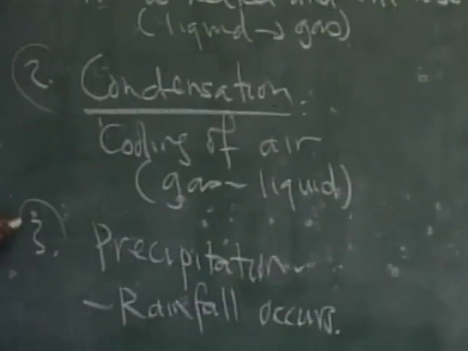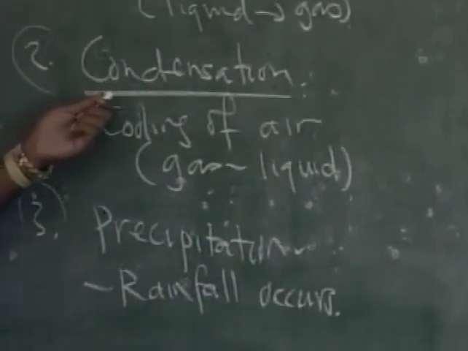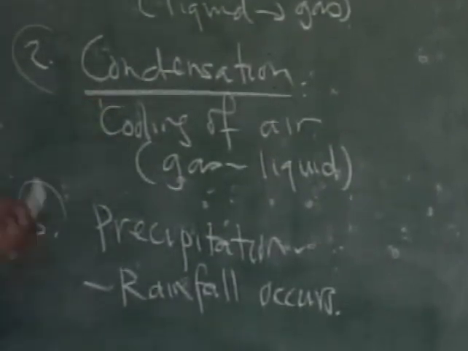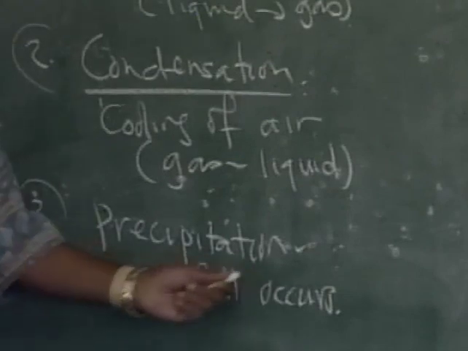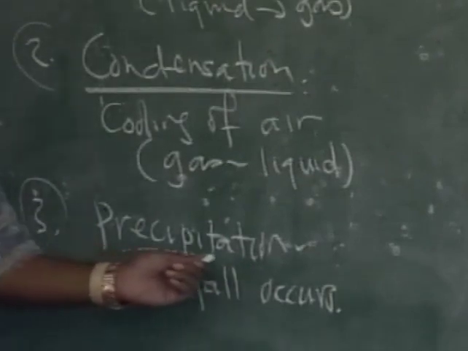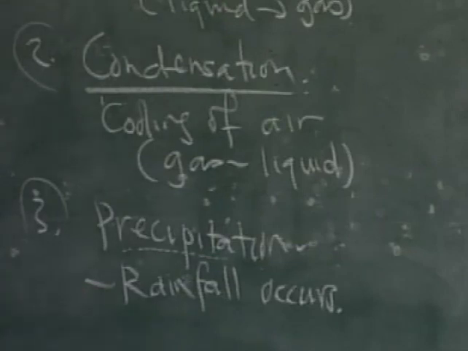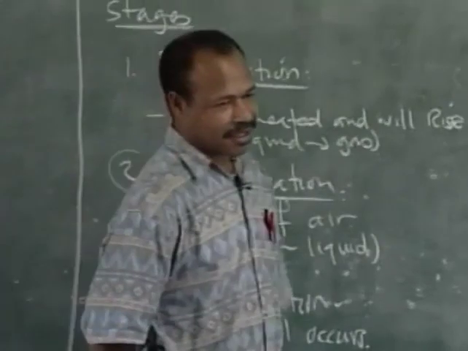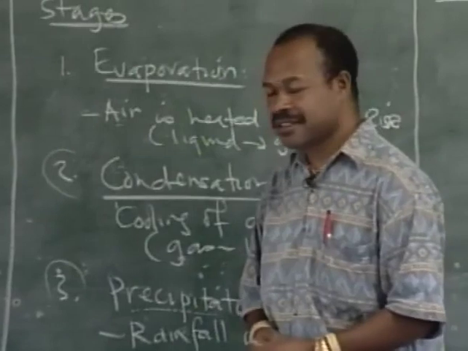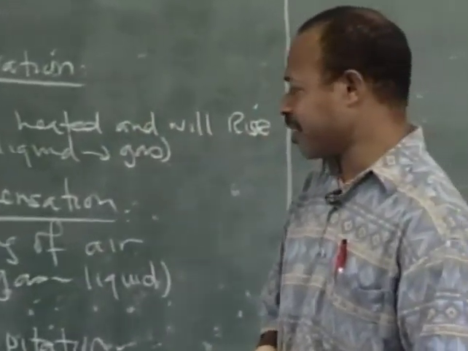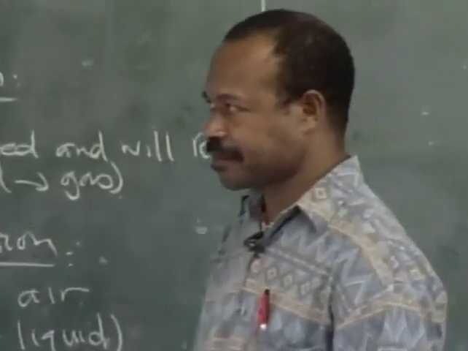Third stage, when condensation takes place, we have precipitation taking place. After the precipitation or rainfall occurs, we have runoff on the surface and infiltration and percolation through the ground.